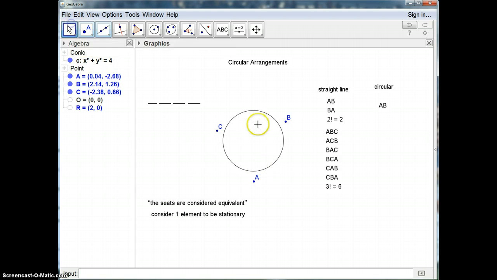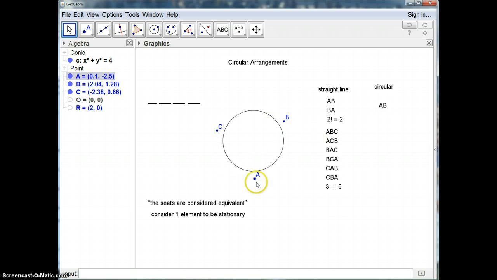In other words, if I make all the arrangements possible with A here at the bottom, and then I shift A over here and make all the arrangements possible, I have not made any new arrangements, because all the seats are considered equivalent.